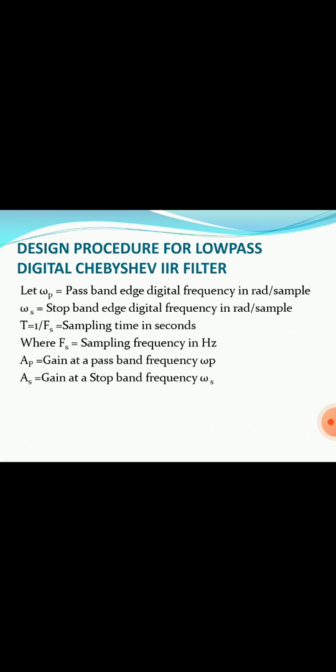T is the sampling time, in seconds, so T equals 1 by Fs, where Fs is the sampling frequency in hertz. Next, Ap is the gain at the pass band frequency omega p, and As is the gain at the stop band frequency omega s.